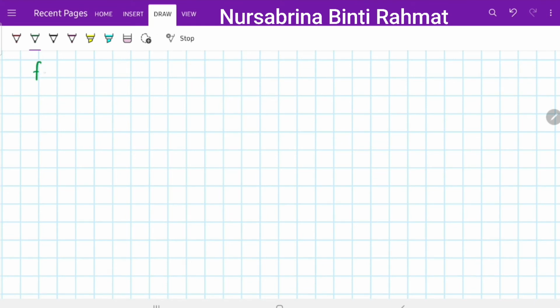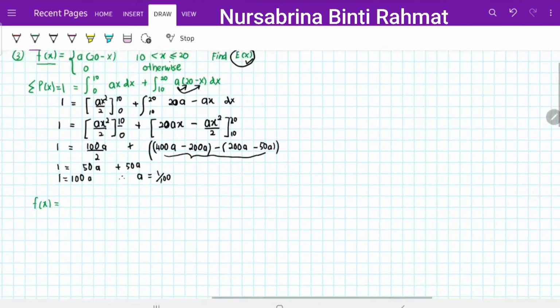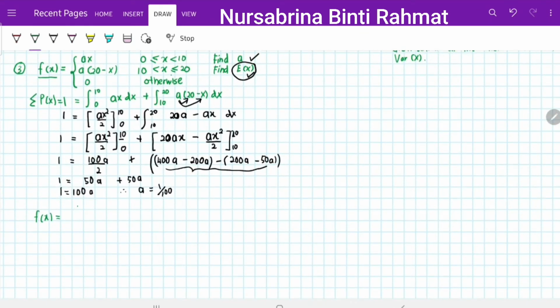So your f(x) equals, first, ax, where a is 1 over 100, so x over 100 for the class interval 0 ≤ x ≤ 10. Secondly, 1 over 100 again times (20 minus x) for the second class interval, 10 ≤ x ≤ 20, and 0 otherwise.